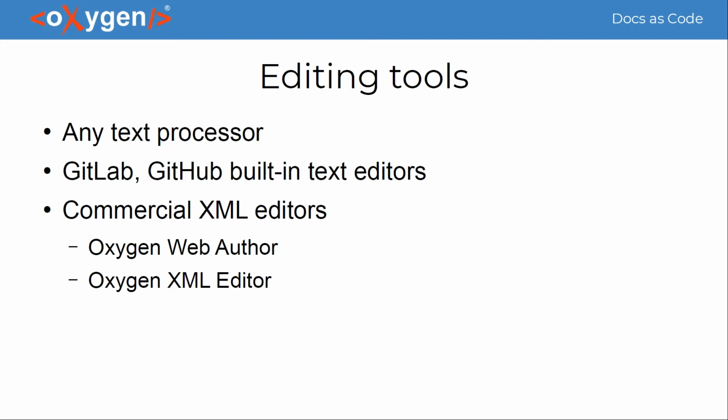They can be used for collaboration. If you go with XML, you can choose a commercial XML editor as well. What a coincidence. We create such tools ourselves, like Oxygen Web Author, which is in the cloud, or Oxygen XML Editor, which is the desktop variant of our editing tool.